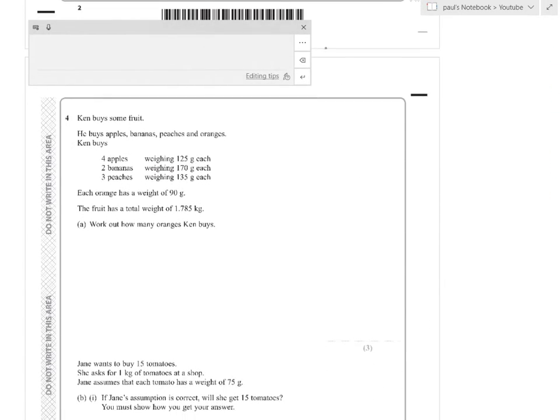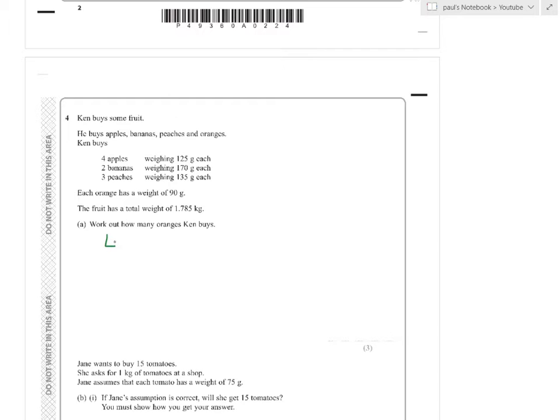Okay. Ken buys some fruit. He buys apples, bananas, peaches and oranges. 4 apples, each orange has a weight of 90 grams. The fruit has a total weight of 1785 grams. How many oranges does Ken buy? So, remember it's a calculator paper.